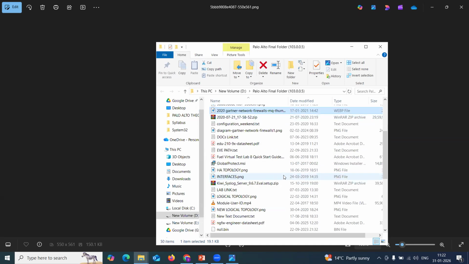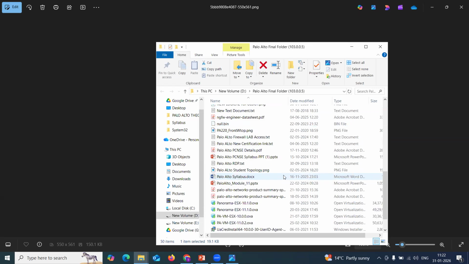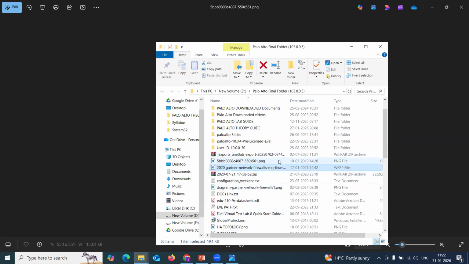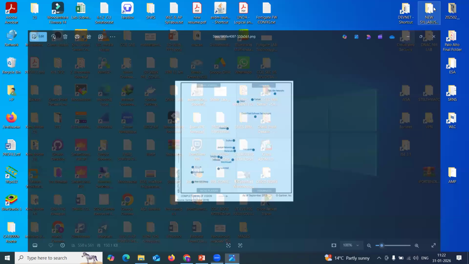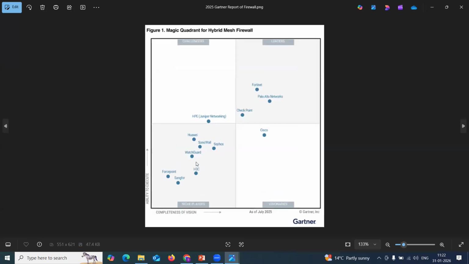Now the 2025 or 2026 report hasn't come as of now, but I have the Gartner Magic Report 2025. Fortinet has come at the top, Palo Alto has come at second, and Checkpoint has come at third. Cisco has gone last.